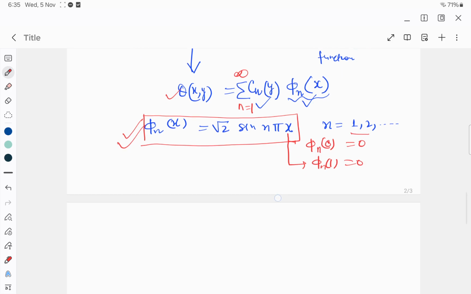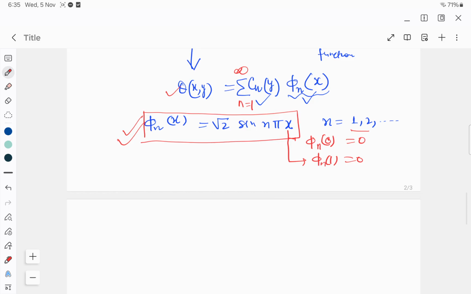Now please note where this root 2 factor has come from. This normalizes the basis function in a desirable way. So this is due to the normalization of the basis function.